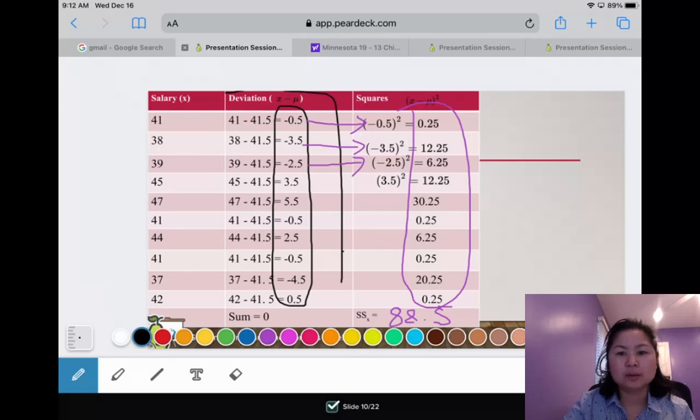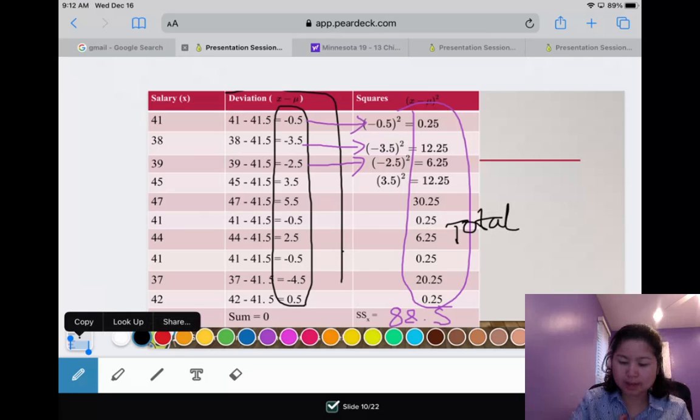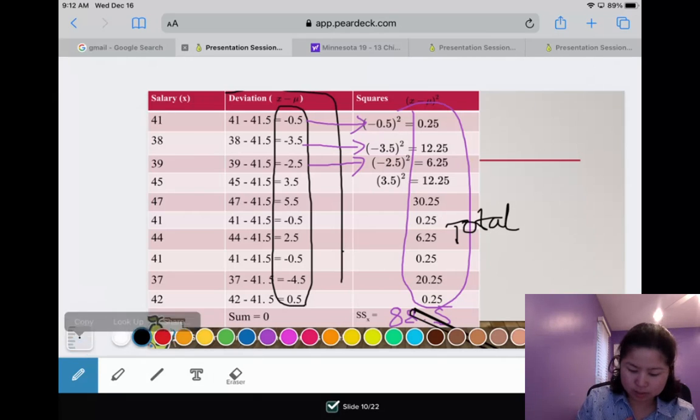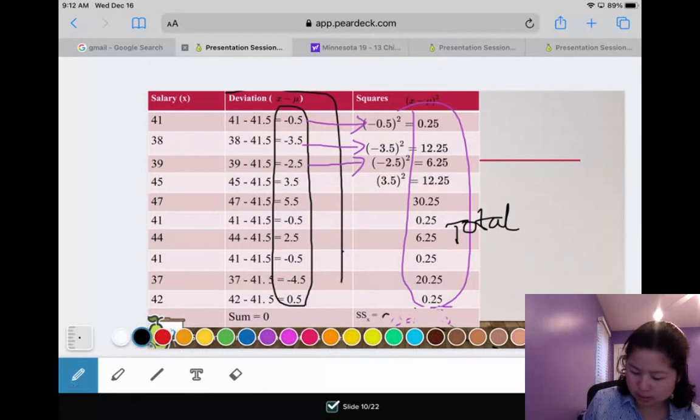By subtracting, I got these deviations, I squared them, and I got this third column. What I do is I find the total. I add all of these values, which gives me 88.5. That's the total.